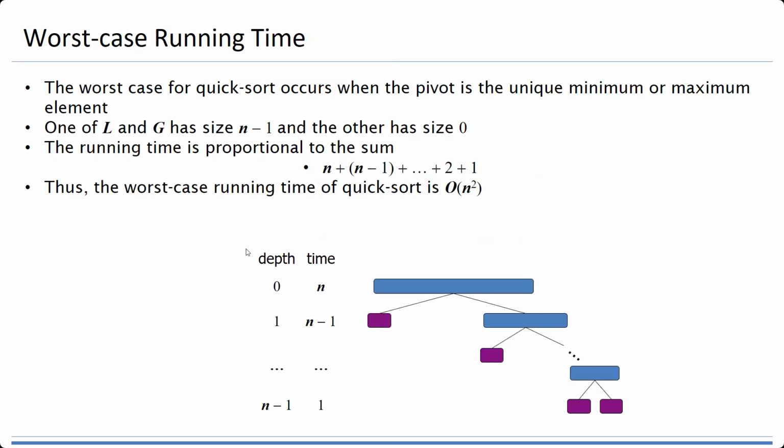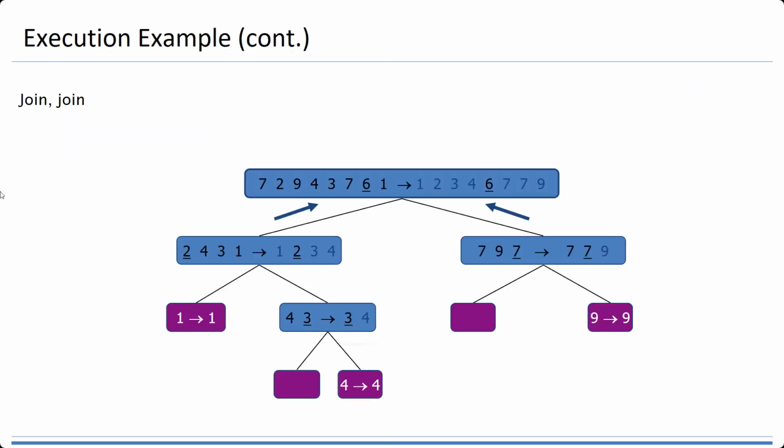So now the worst case scenario for quicksort is when the pivot is the minimum or the maximum element. If it is the minimum element, let's say I select 1 as the pivot.